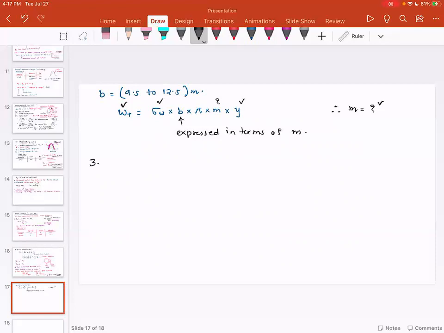Next step is calculation of dynamic load. The dynamic load can be calculated as WD is equal to WT plus WI. WT we found out in step 1.